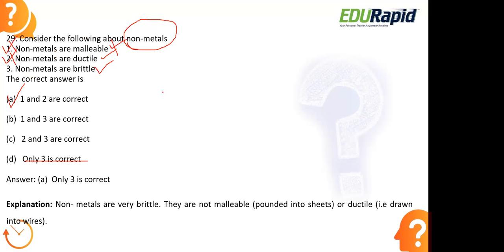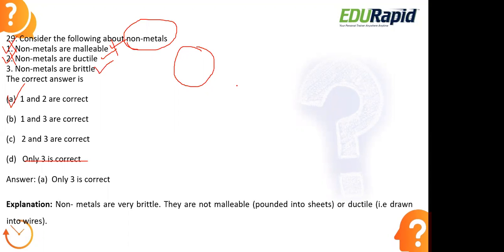Malleability is if we start beating these non-metals. Let us take carbon as an example. Carbon is a non-metal. If we start beating this carbon piece using a hammer, it will break down into smaller pieces, right?